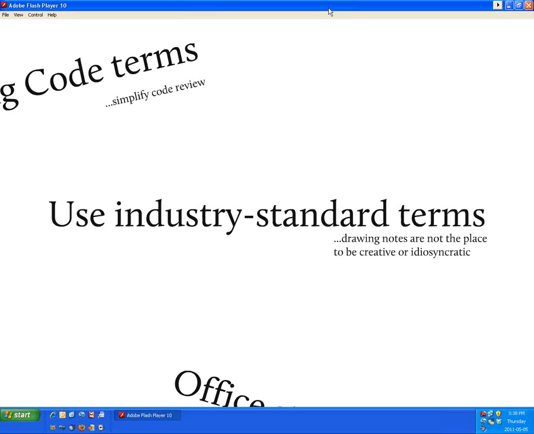And again, if you use terms from the Steel Stud Manufacturers Association and other industry groups, that can go a long way towards helping you standardize your terminology and make it really clear to everybody. And probably end up with it being consistent with the spec. Absolutely.